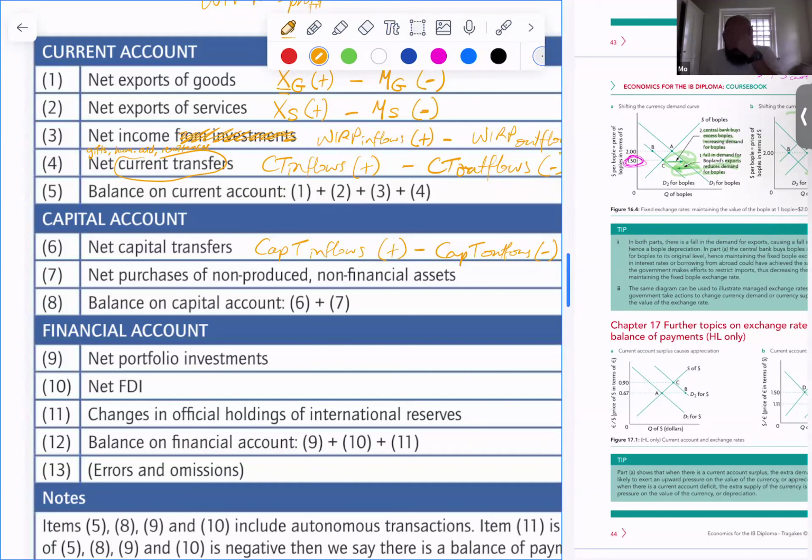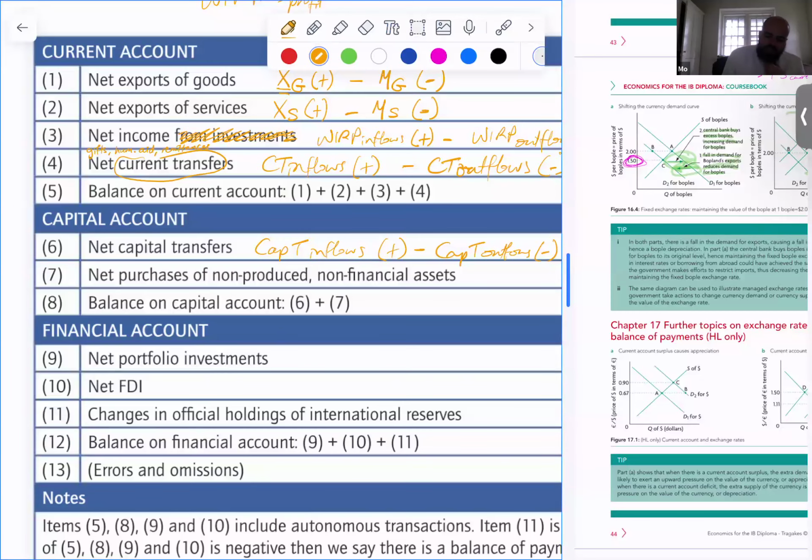Say the United States goes and buys a building to build an embassy in, I don't know, Nigeria. For the United States, that's a debit because it is buying that building, it's paying for it. For Nigeria, it's a credit. Capital transfers.